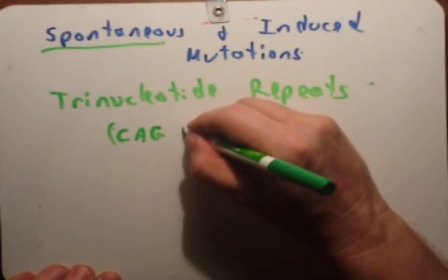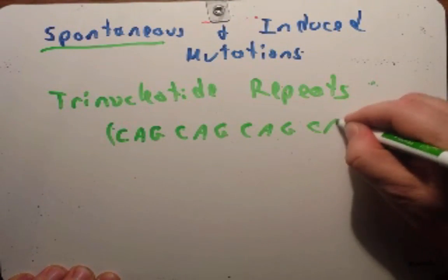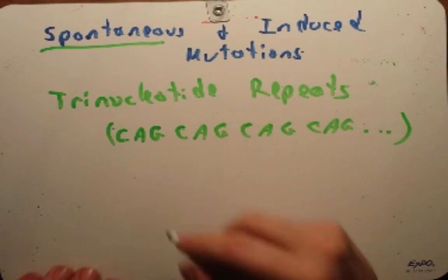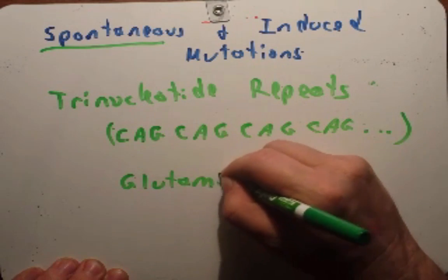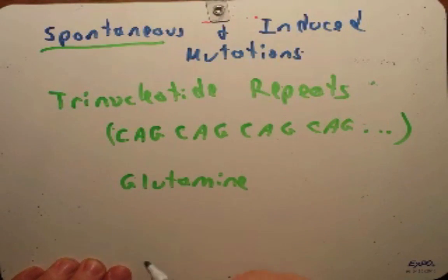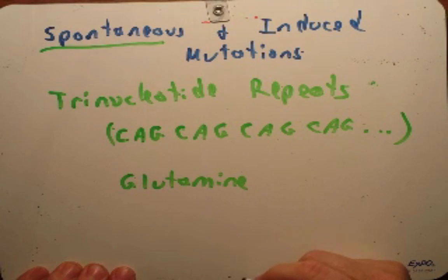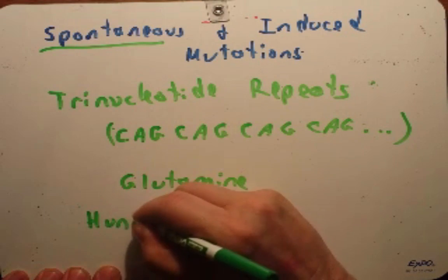And by adding several of these CAGs, what you end up doing is adding a whole bunch of glutamine amino acids. Glutamine is the amino acid coded by the codon CAG. And having a whole bunch of these glutamines, particularly at the end of the protein, can cause damage to the ultimate protein. Now, there are several diseases linked to this, but a classic one is Huntington's disease.